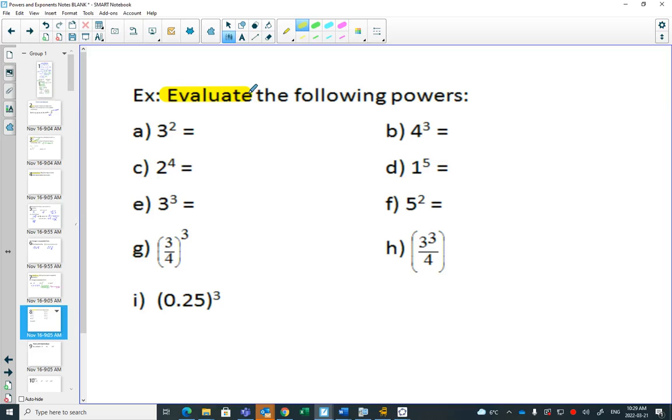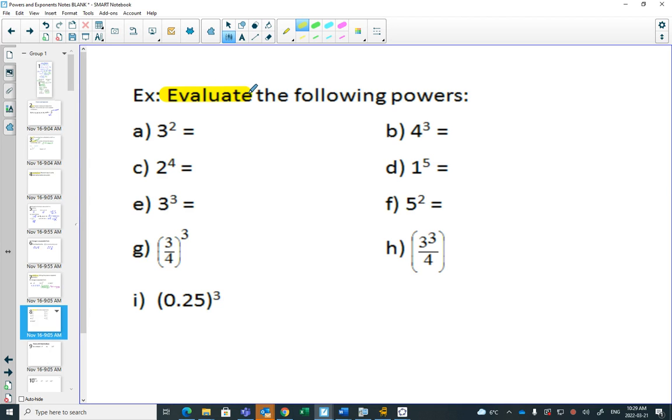Evaluate came up on the quiz, and people ask, what does that mean? So this is an example of where you pay attention in class, and you're like, watch the math and go, I can do the math, but you don't pay attention to some of the words, and on a quiz, your teacher can't help you, and now you're all of a sudden like, I think I know how to do the math, but I don't know what this word means.